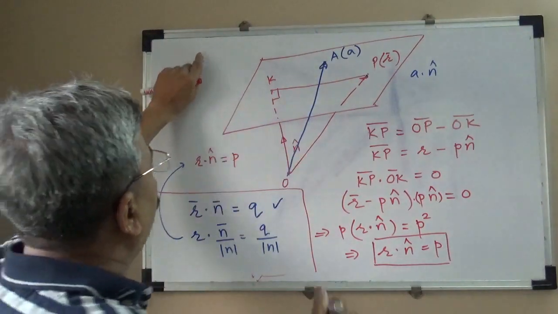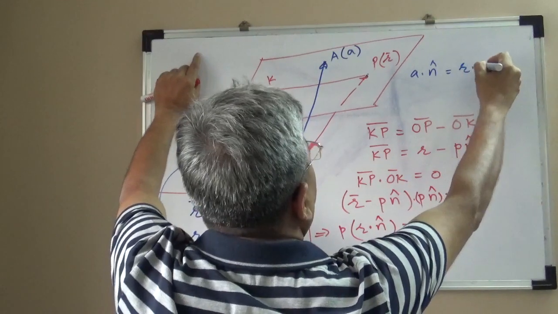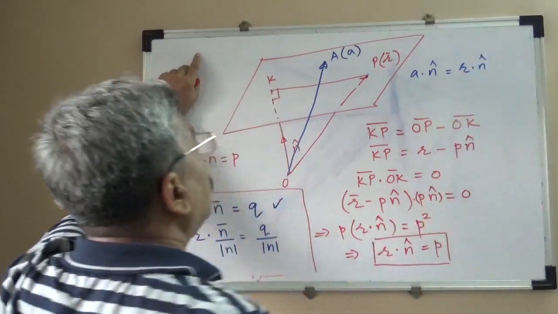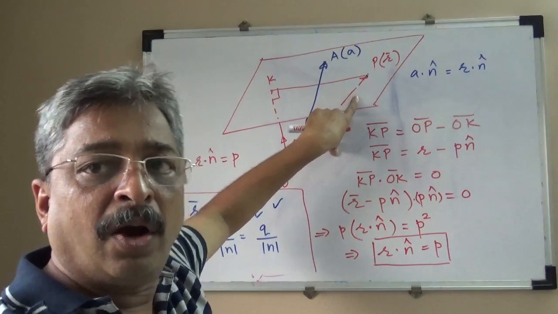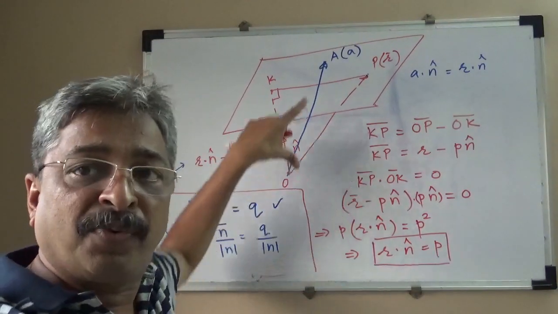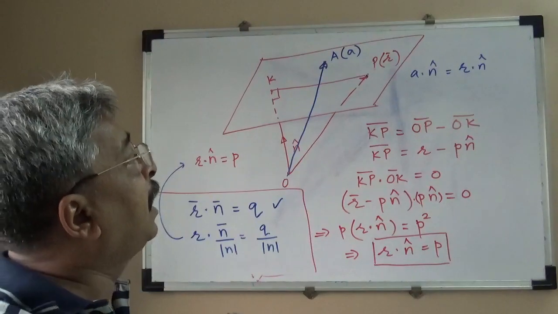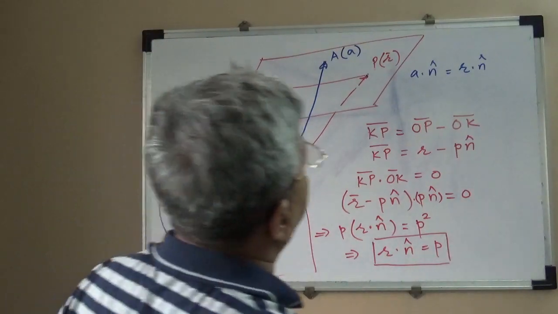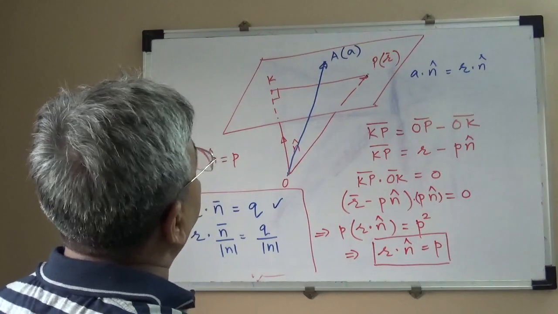And now the RHS is going to be the same, R dot n cap. If you take projection of any other vector on n cap, and its length is equal to projection of vector A on n cap, then all those points are in the same plane. This is how you can do it.